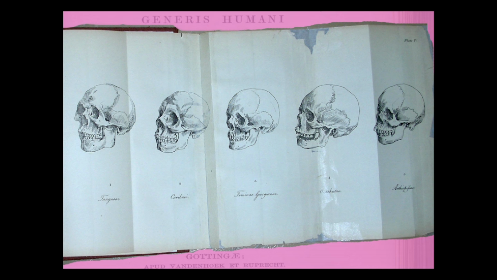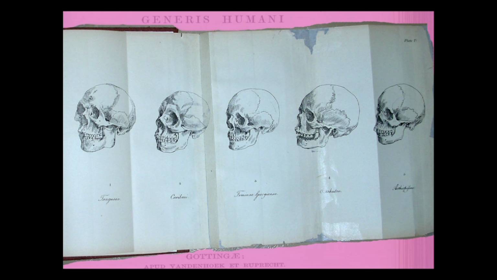Blumenbach was a believer in the unity of mankind. He was a black bibliophile in the sense that he collected books by black authors. He really believed in the unity of mankind. So he arranged the skulls according to difference. At the two ends were the Mongolian and the African, and he thought of them as the extremes.